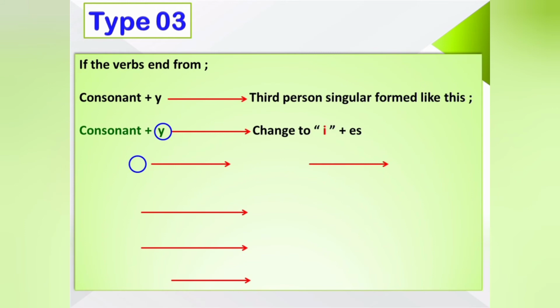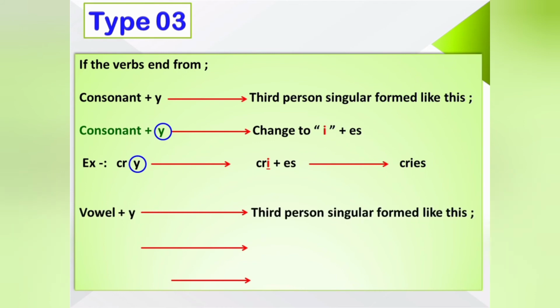The y should be cut and you have to add ies. Look at this example. Cry. In that verb, there's a consonant. The consonant is r and that verb ends with y. So you have to change it to ies. You have to cut that y and add ies and the verb changes to cries.